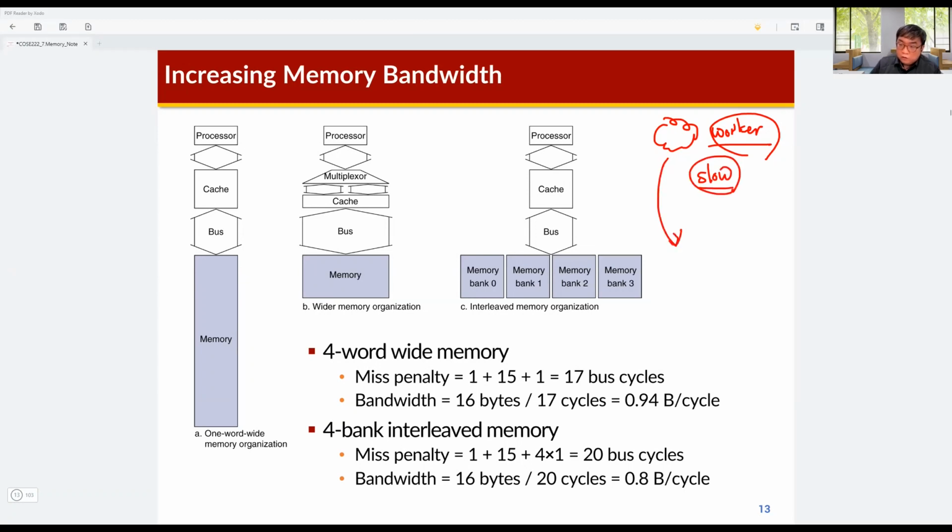But another worker, A and B, this worker is fast. But worker A needs to receive a result from worker B. So how can we increase the performance for this case? A is fast, B is slow, but A needs to receive the result from B.